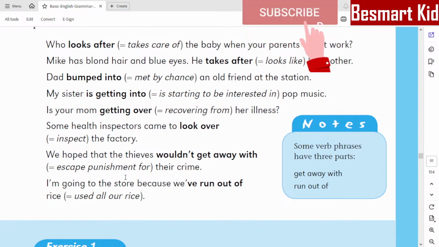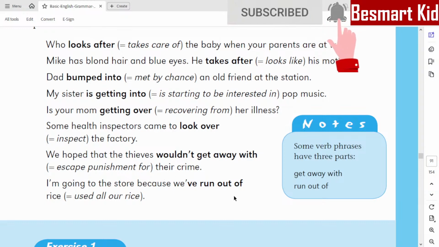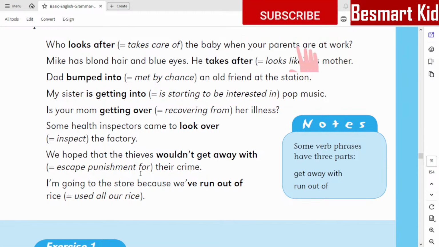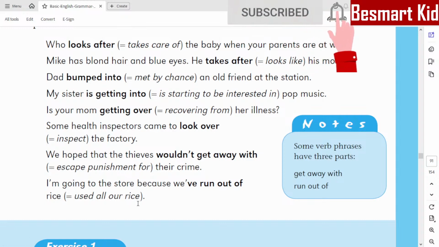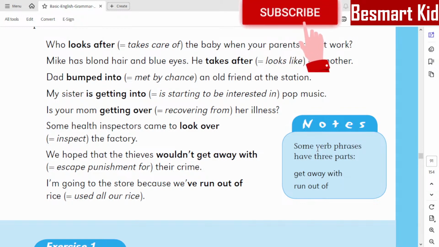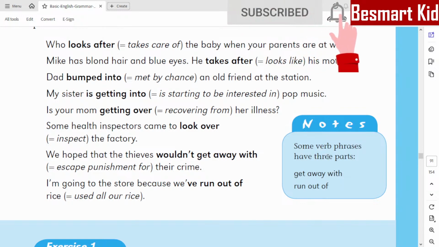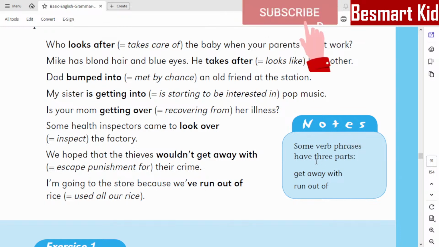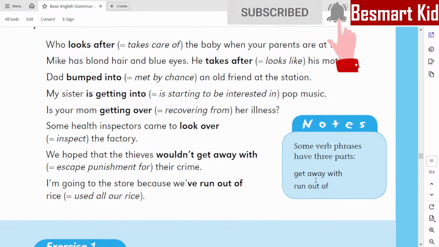I'm going to the store because we've run out of rice. This run out of it means used all our rice. Some verb phrases have three parts. We have get away with and run out of.